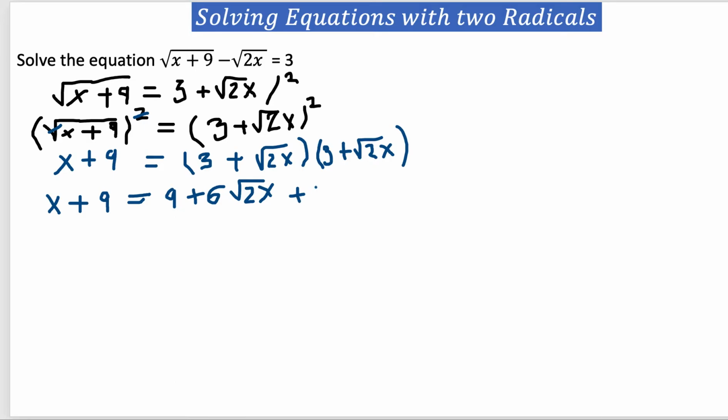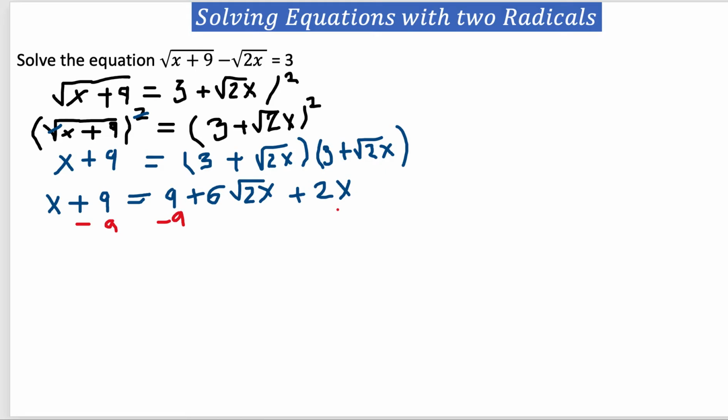So now we are in a better position than we were in the beginning, and we are trying to simplify further until we get in the position to solve for x. Right now we can subtract 9 on both sides, because this 9 is going to cancel since it's the same on both sides. Now I'm going to put the x's on one side and isolate the radical, like we solved the equation with one radical on one side.